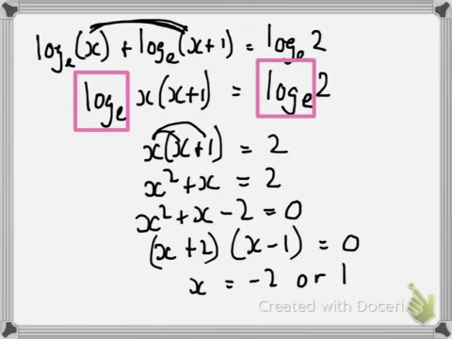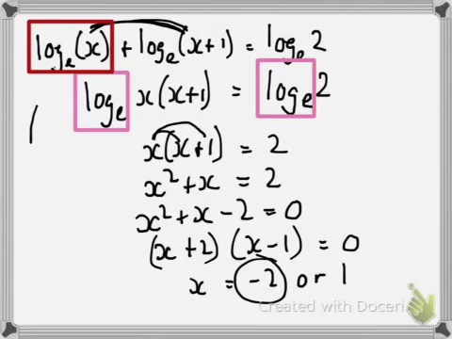Need to be careful. We need to check the viability of these answers. Because if I look up here and we look at the fact that we've got log x to the base e over there. So we're saying at the moment that our solutions are negative 2 and 1. Let's look at this guy here, negative 2. If we put negative 2 back into here, that is undefined.